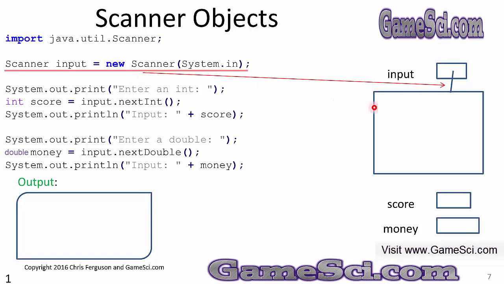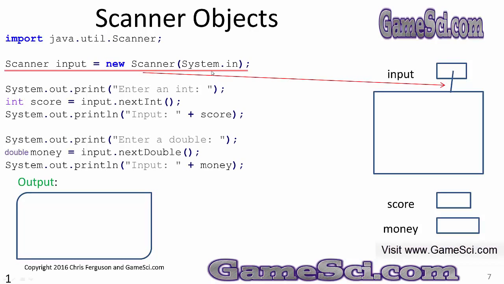Once again, you can see that objects take up space. Objects take up memory. Input is the reference variable that I'm going to use to access this scanner object. The reference variable input and the object itself are two separate pieces of computer memory. We've just built our scanner object.